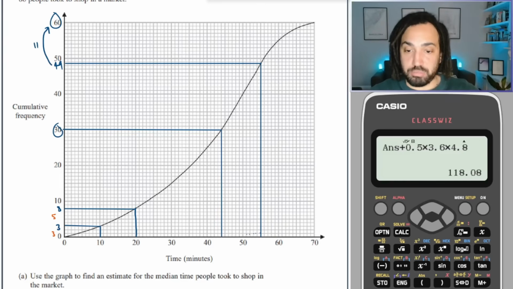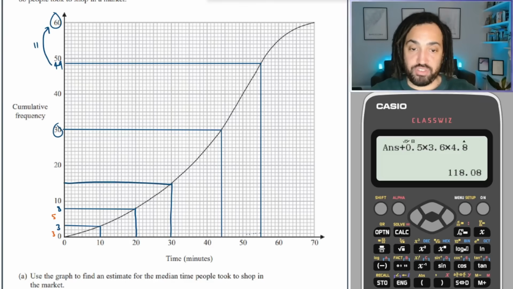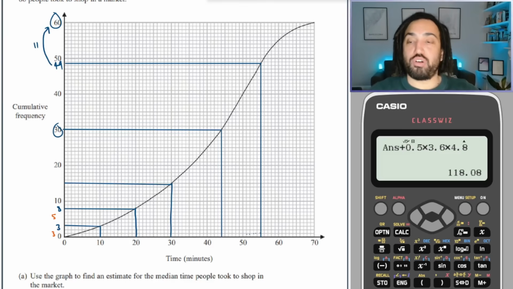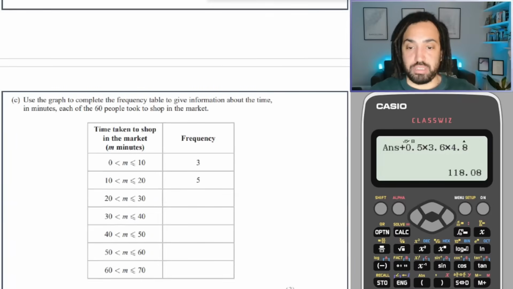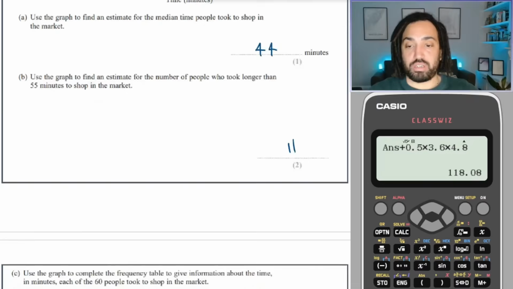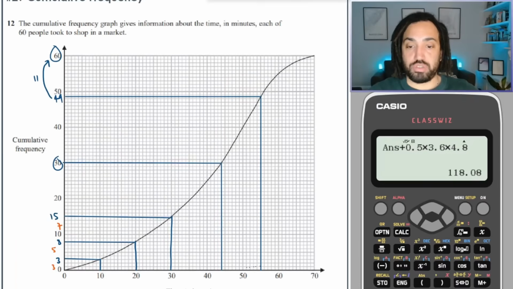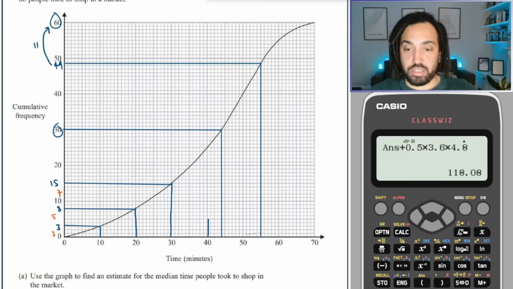And then the next one is 15. So from 8, that's a gap of 7 to get to 15. So 7 is the next number. I might just do all of them and then transfer it to the table.